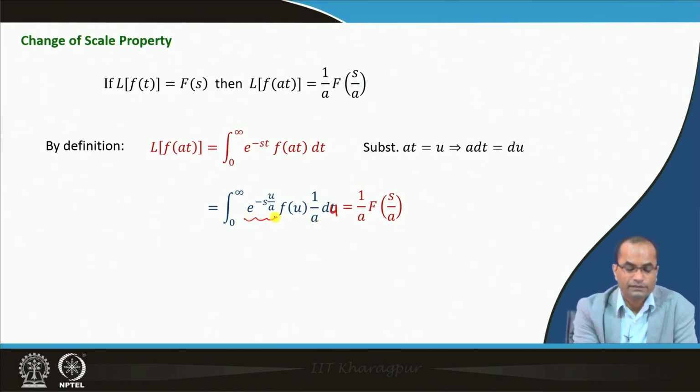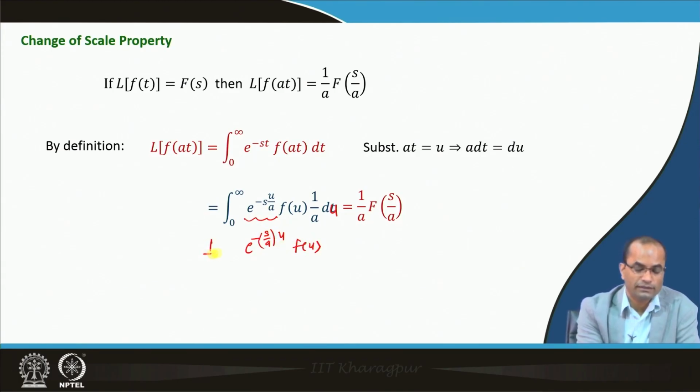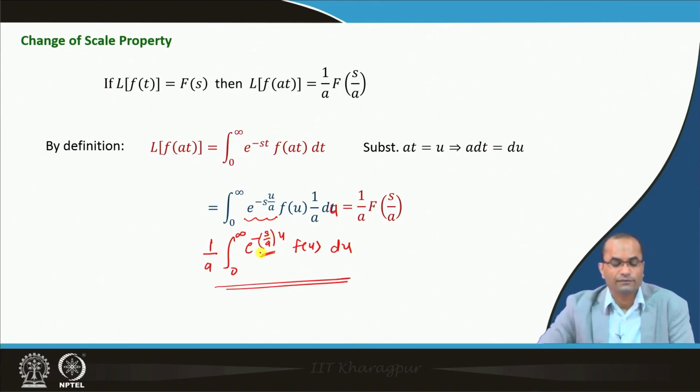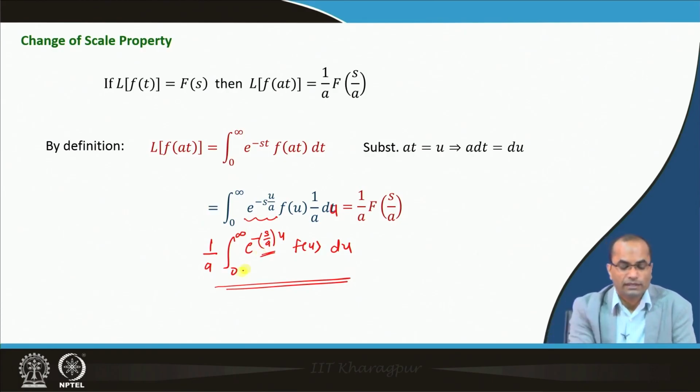Now if we think of this as e^(-(s/a)u), and letting the 1/a stay outside, we have the integral from 0 to infinity of e^(-(s/a)u) f(u) du. Looking at this F now, instead of s we have s/a, so otherwise this is (1/a) F(s/a).